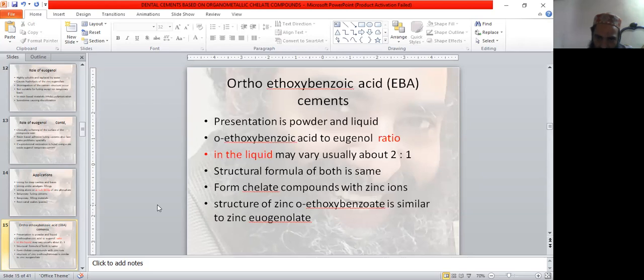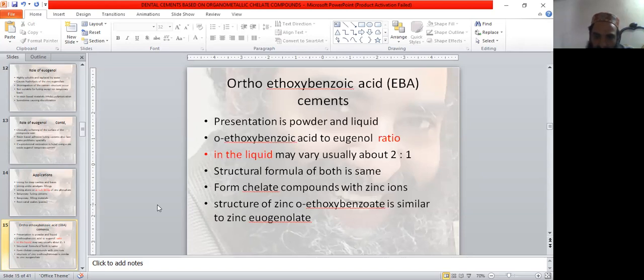Orthoethoxybenzoic acid is present in 2 and eugenol present in ratio 1, or orthoethoxybenzoic acid to eugenol ratio is 2:1. Structure formula of both is same. It also forms chelate compounds with zinc ions. Structure of zinc orthoethoxybenzoate is similar to zinc eugenolate.